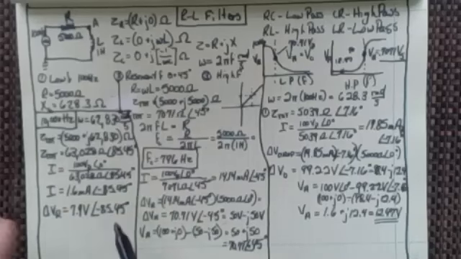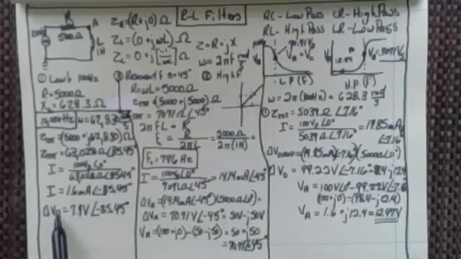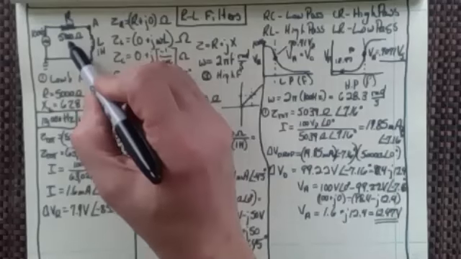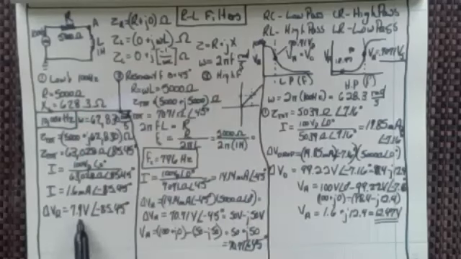I left a step out there because I'm running out of room, but I think everybody can see what I do. The voltage drop is just I times the impedance of the resistor, which is 5,000 at an angle of 0. And so 0 plus minus 85.45 gives me that.